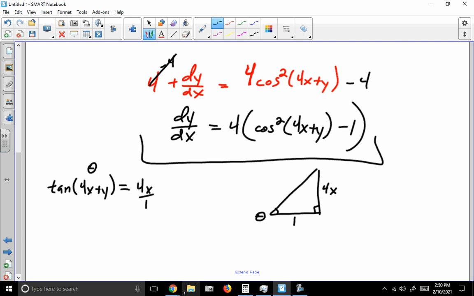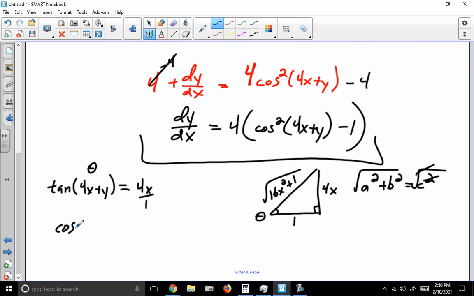The hypotenuse is one side squared, so this side squared would be 16x squared, plus the other side squared, and take the square root of that. What do I mean by that? A squared plus b squared equals the hypotenuse squared. So if we want the hypotenuse, we take the square root of both. So the hypotenuse is the square root of one side squared plus the other side squared. So that's tangent from that particular angle. Notice we have cosine squared from that particular angle.